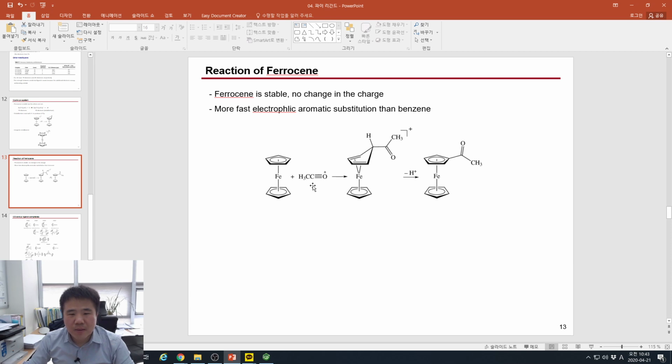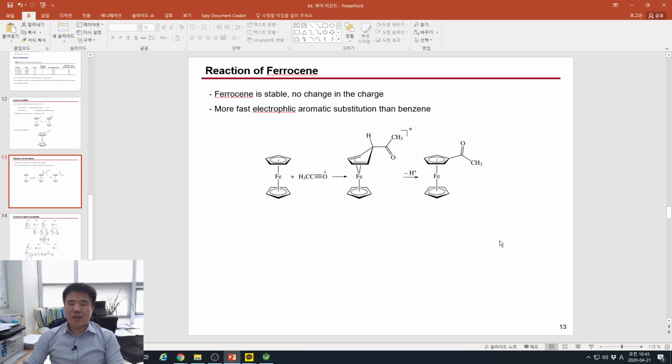So this ferrocene complex can react with, like, Friedel-Crafts acylation. Ferrocene can attack this carbon. If you look at the result, this result is Friedel-Crafts acylation.